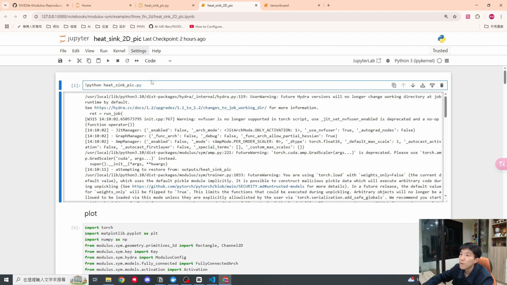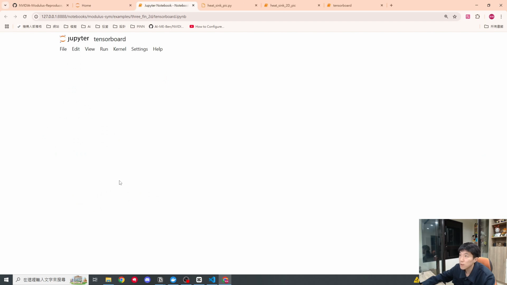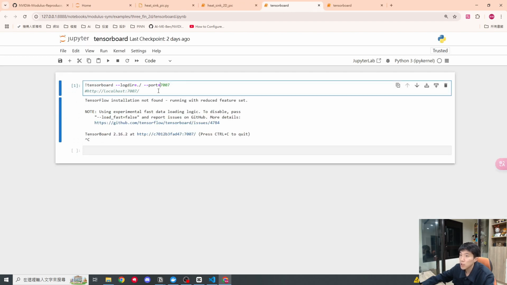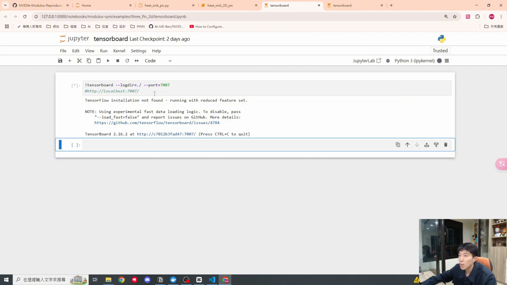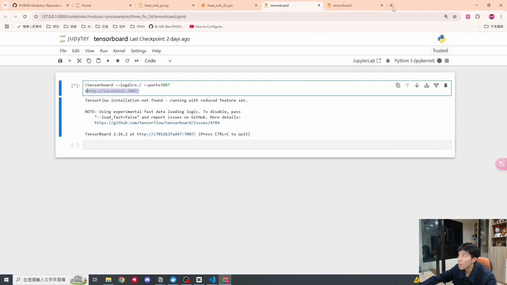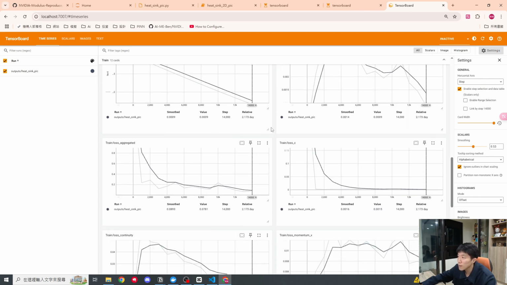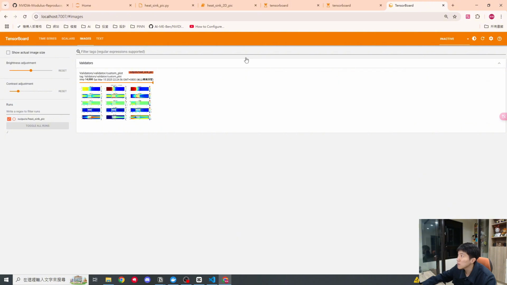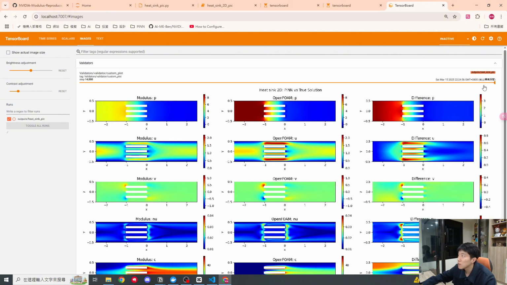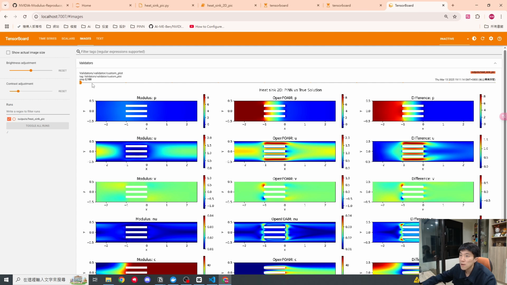Okay, so you can run, and we can open the TensorBoard to check the output result. Here, you can monitor the loss at every step. And also the important thing is the image, so we can see every step.